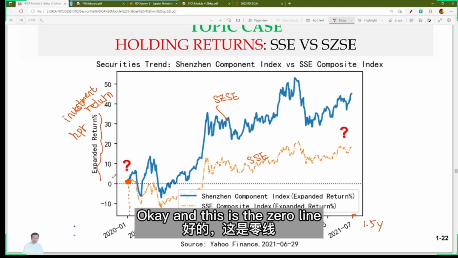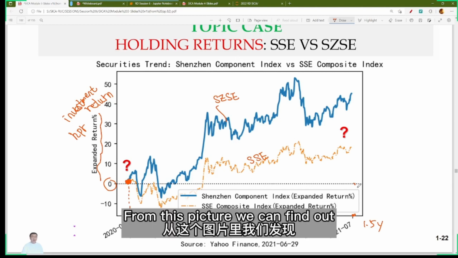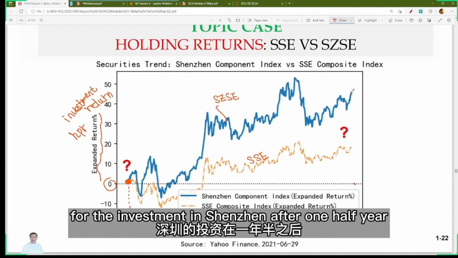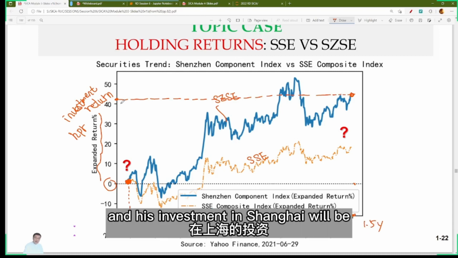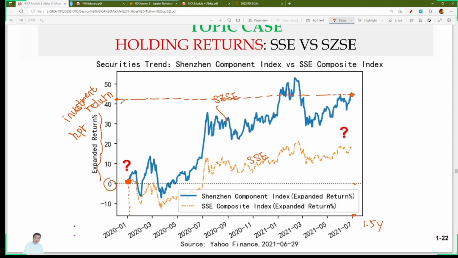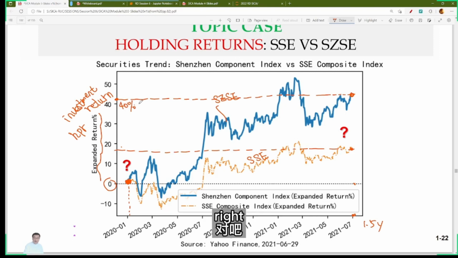Okay. Again, this is the zero line. From this picture, we can find out that for the investment in Shenzhen after 1.5 years, its investment return would be more than 40%. And the investment in Shanghai will be less than 20%, right?